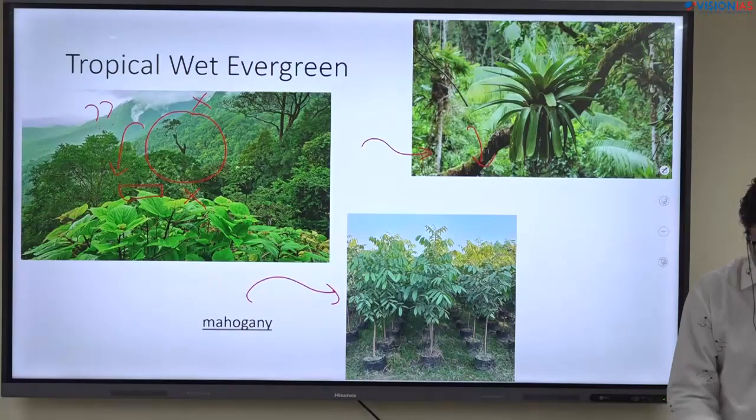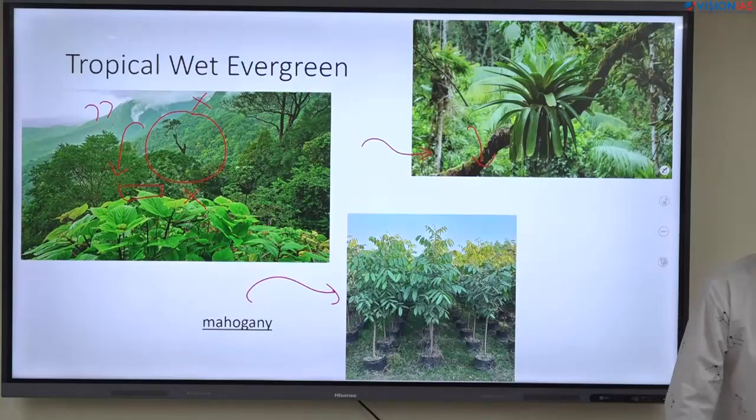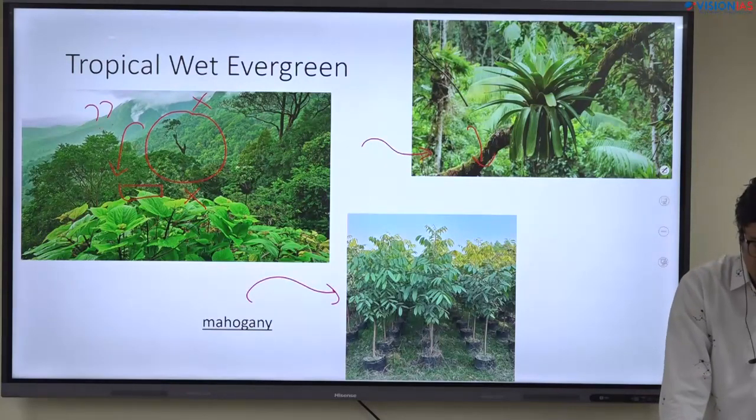Now come to category number 2, tropical semi-evergreen. So go to the map, look at the distribution. Same sequence, in the index, same sequence. Tropical semi-evergreen. Okay, try to find this forest.